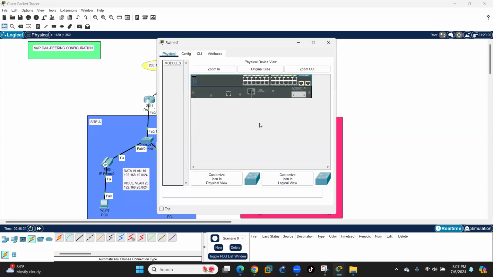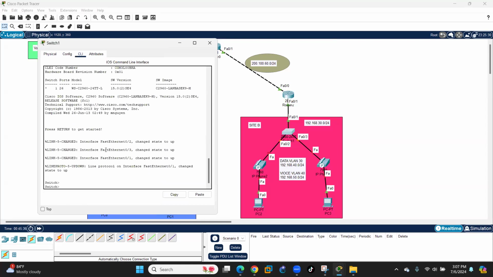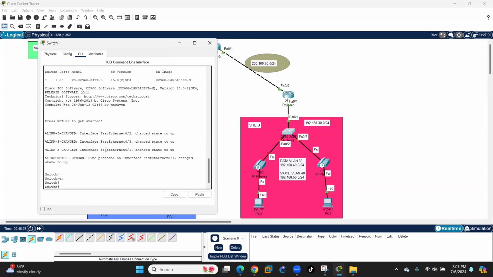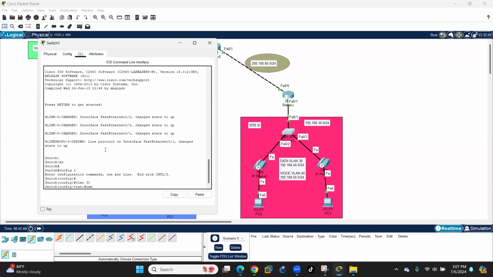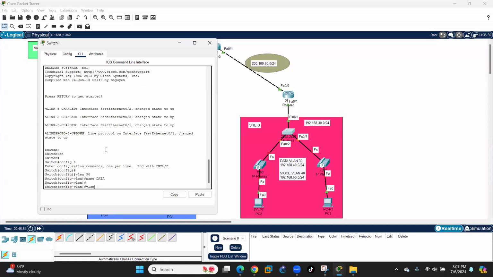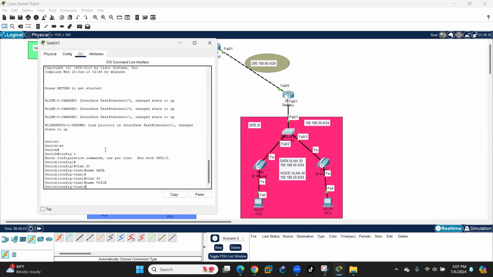So now I will go over here and configure my VLANs again on this side. VLAN 30, name data. VLAN 40, name voice.